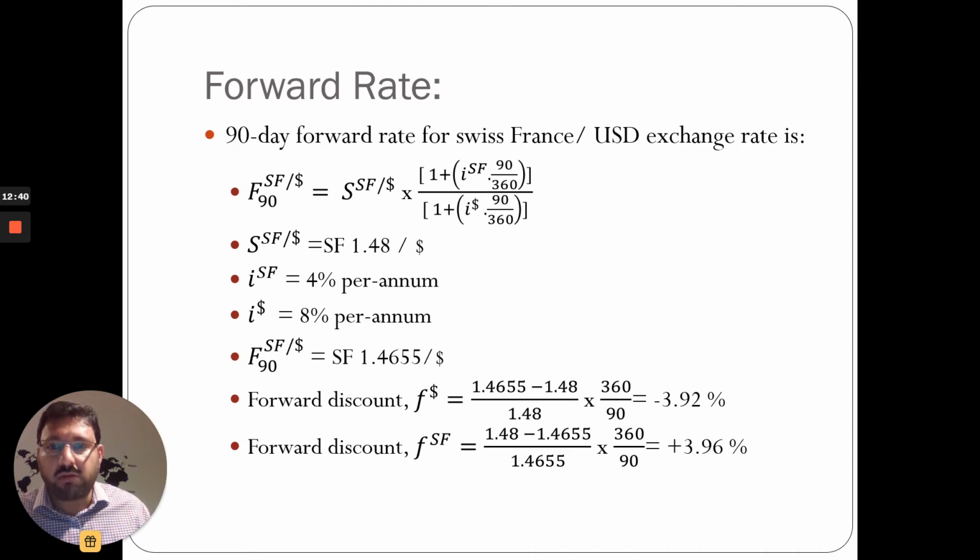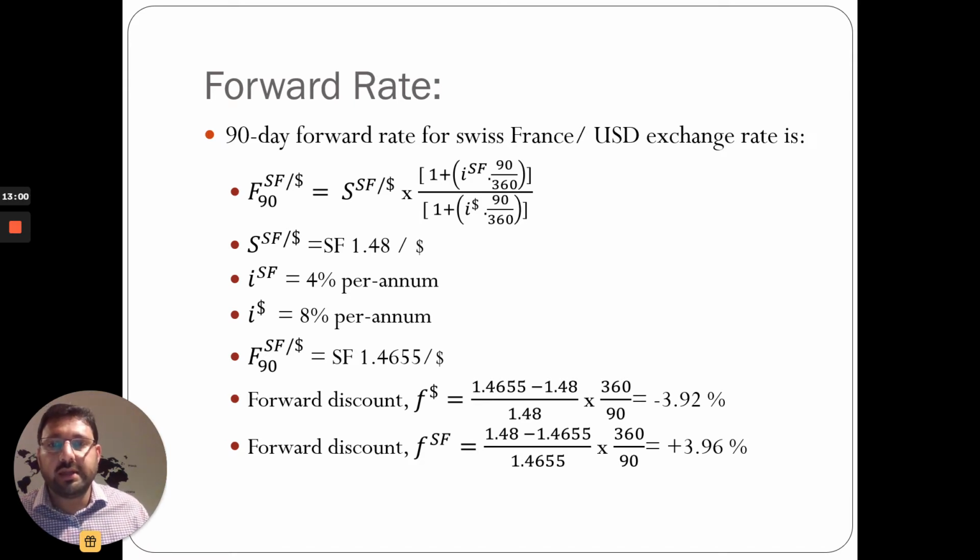So if the spot rate is Swiss franc 1.48 versus 1 US dollar, and the interest rate offered by the Swiss bond is 4% per annum, and the interest rate offered by the US bond is 8% per annum, then simply compute these numbers.